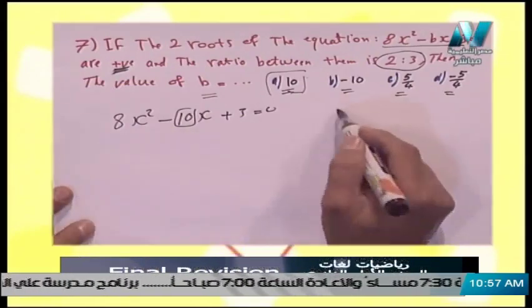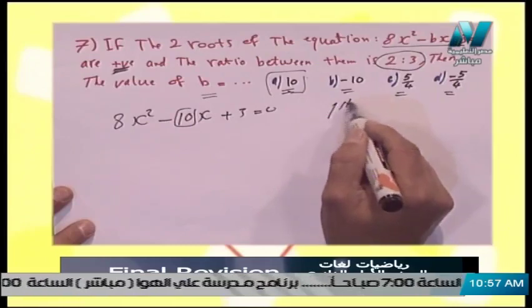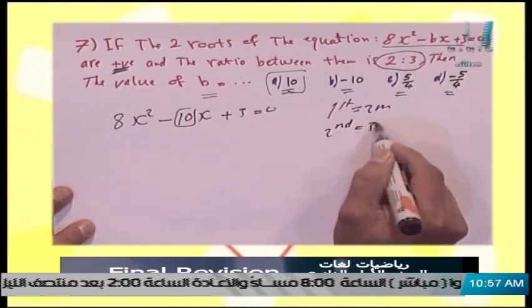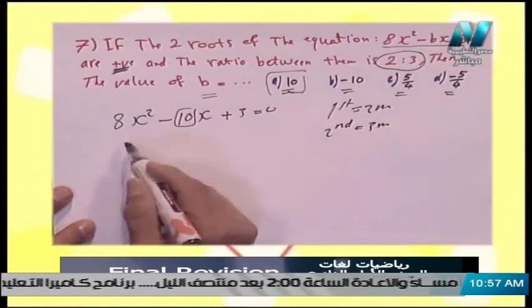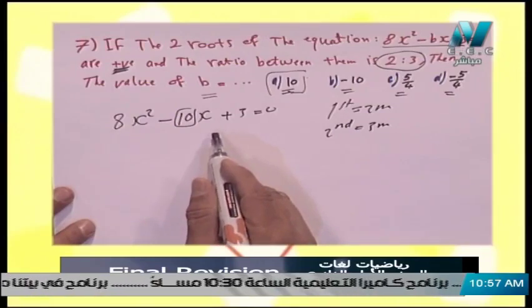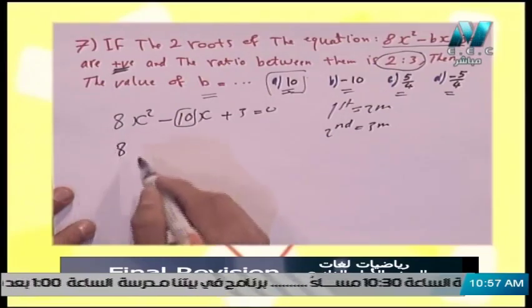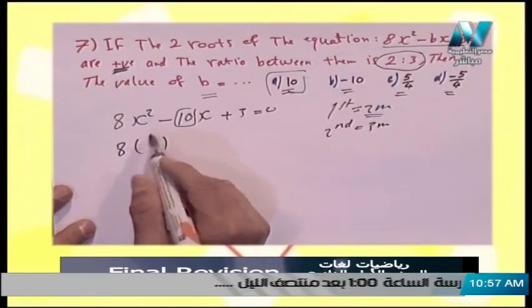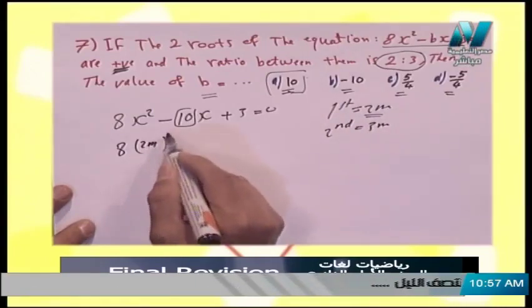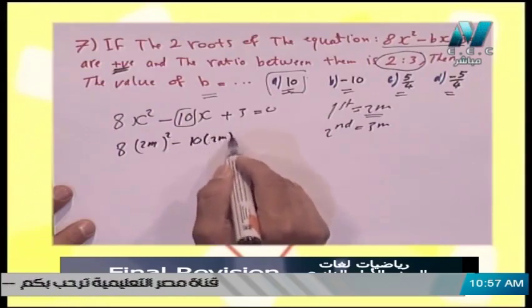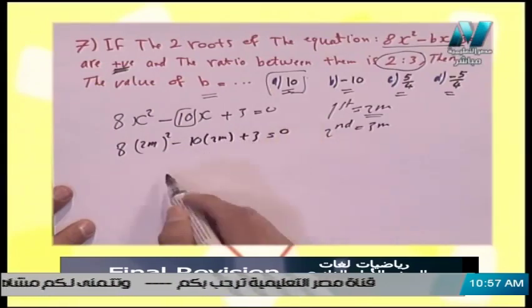If we put the first root as 2m, second root as 3m, and we try to find out is it really equals 0 or not, 8 here multiplied by 2m power 2 minus 10 multiplied to m plus 3 equals 0.